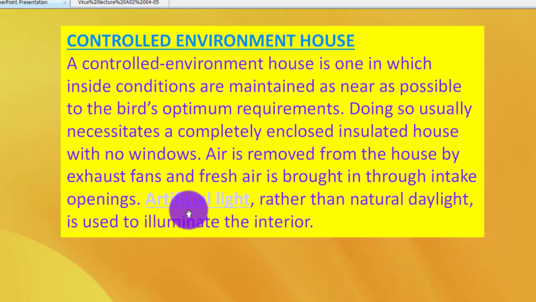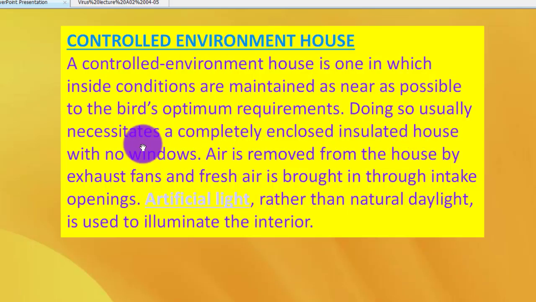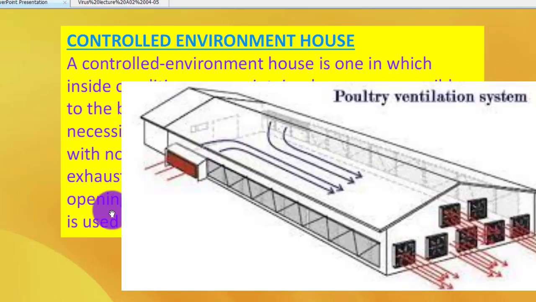Controlled environmental houses. A controlled environmental house is one in which inside conditions are maintained as near as possible to the birds' optimum requirement. Doing so usually necessitates a completely enclosed, insulated house with no windows. Air is removed from the house by exhaust fans and fresh air is brought in through intake openings.